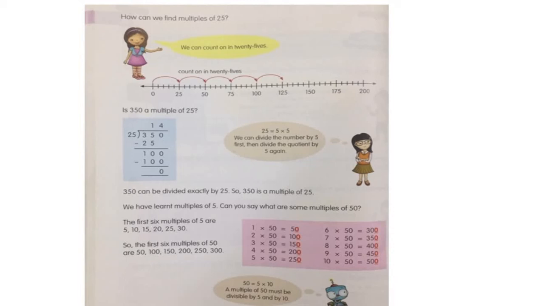So here, 5 times 10 equals 50. A multiple of 50 must be divisible by 5 and by 10. We will talk more about this later. So if I want to find a multiple of a number, I have to count on by this number.